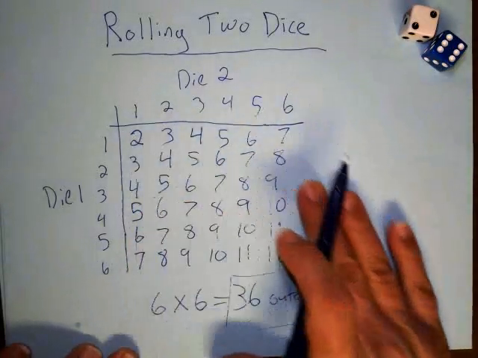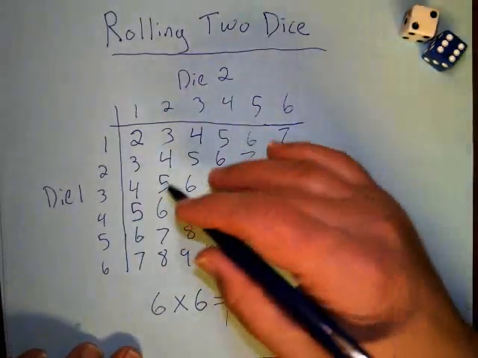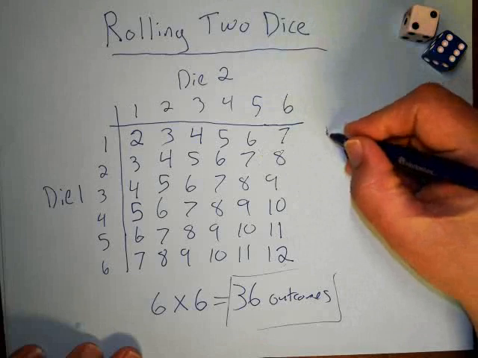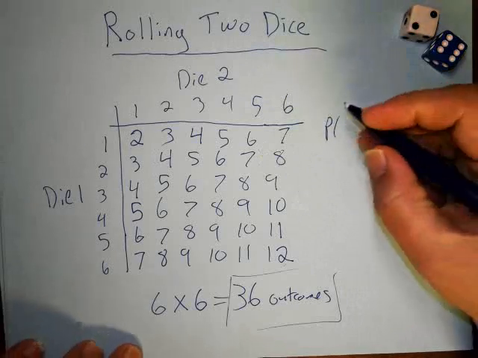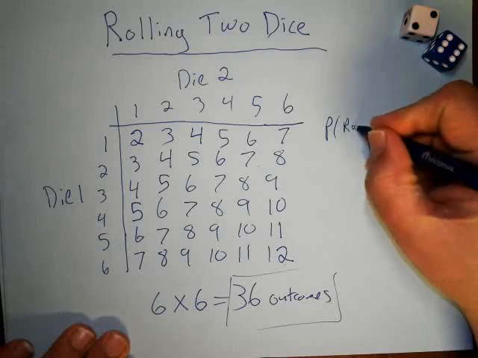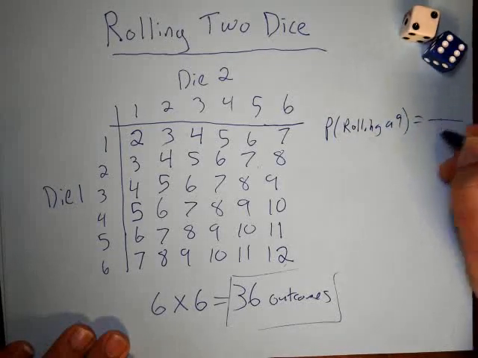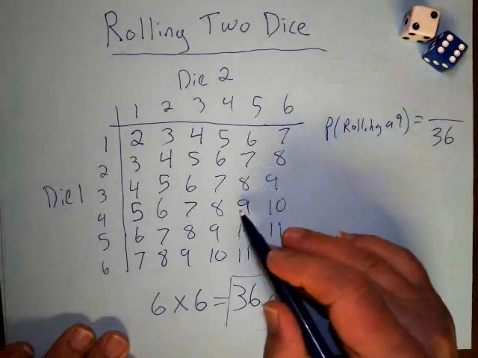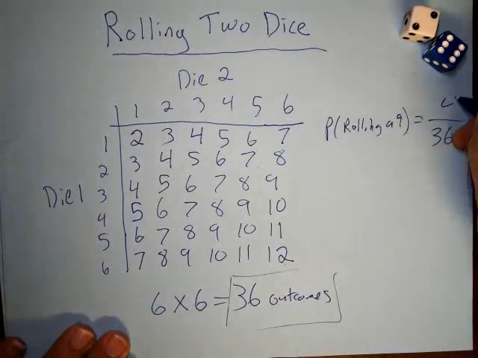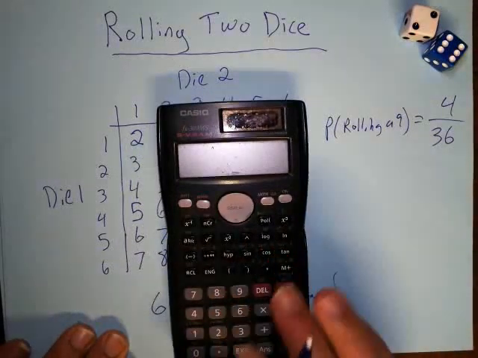So there's a lot of patterns in here, right? Math is the science of patterns. And so you can find all kinds of probabilities then. So I could say probability of rolling a 9. Out of the 36, there's 1, 2, 3, 4 ways of rolling a 9.